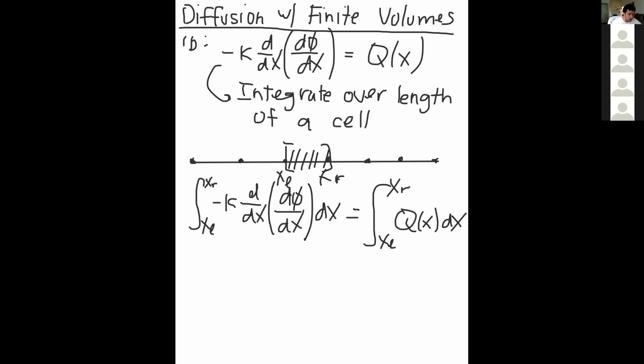Then what we need to do is take this equation and form an algebraic equation from it. Remember, the way we do that is we apply two integration tricks, in order to turn this integral equation into an algebraic one. This will become more clear when we do 2D. The first trick is the divergence theorem.